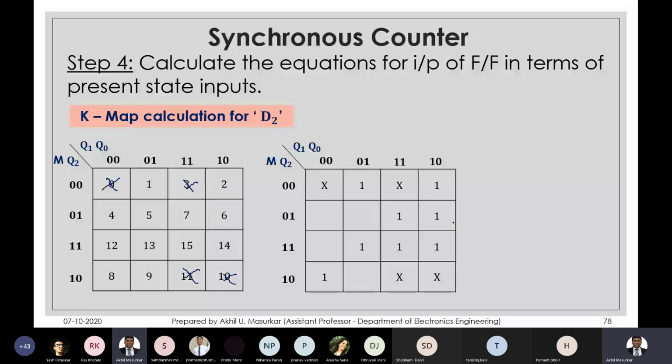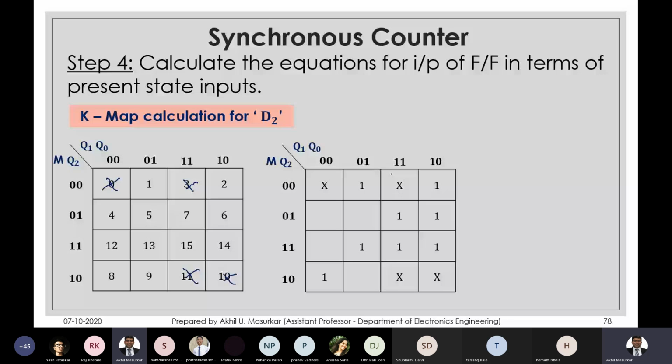Tanish, I will just answer your question here itself about the K map. So if you are listening, just say something. Yes, sir. See, in this K map, you can see that you will get an octet here with the help of ones. Can you see that? Yes, sir.